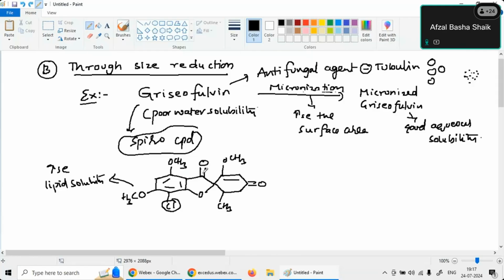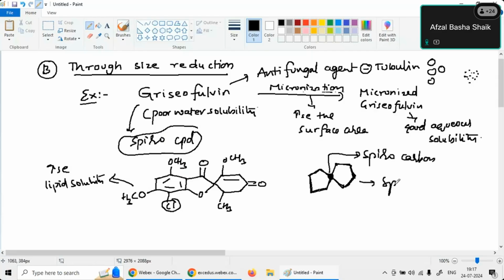I told you that a spiro compound is nothing but, say, these are two rings, right? 1, 2, 3, 4. If you see, both these rings are sharing a common carbon atom, right? This is called what?